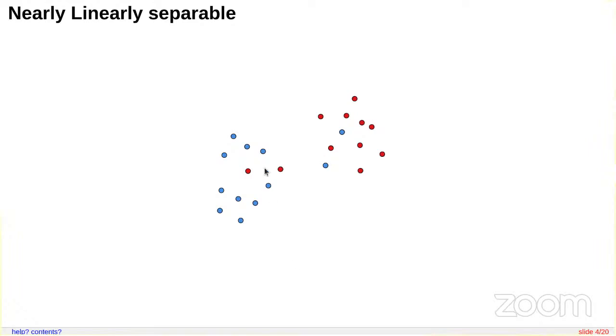Maybe I won't make too many mistakes, right? So I've called this case nearly linearly separable for that reason. These two red points are going to be wrong. These two blue points are going to be wrong, but predominantly you're going to get things right. Okay, so will my hard margin minimization problem work here?